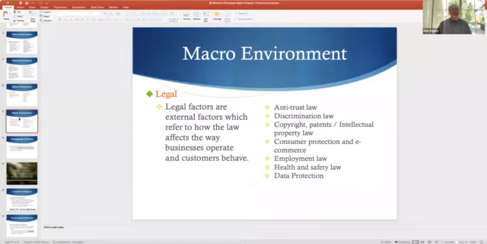Data protection has been a big thing. There have been these breaches on data security by who knows who they are. That's a huge area of concern for companies now.